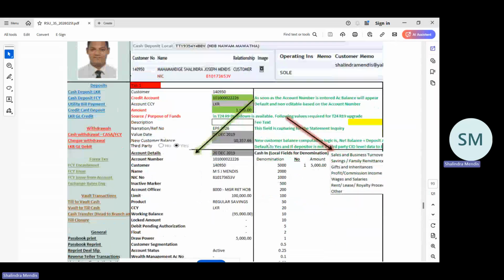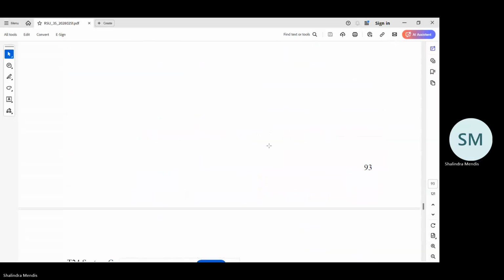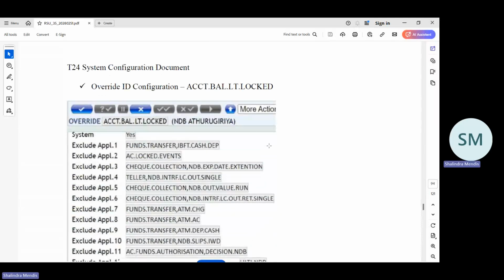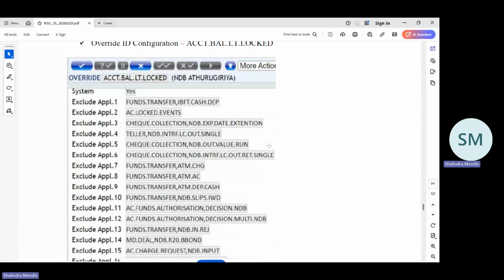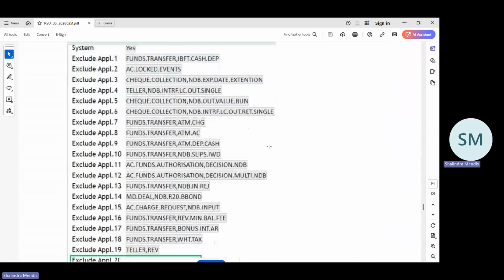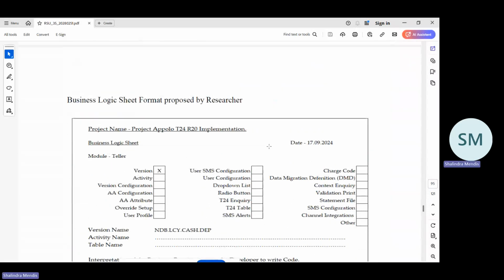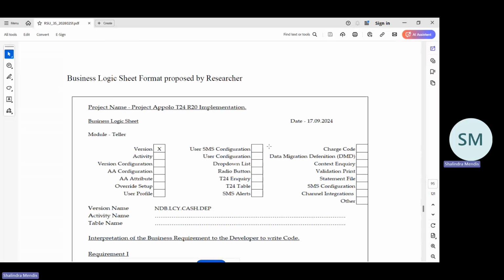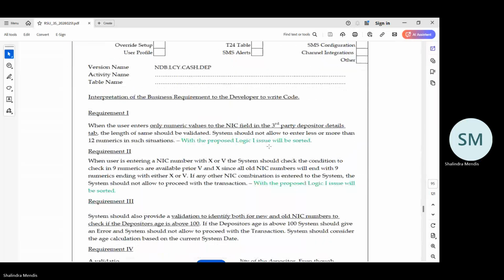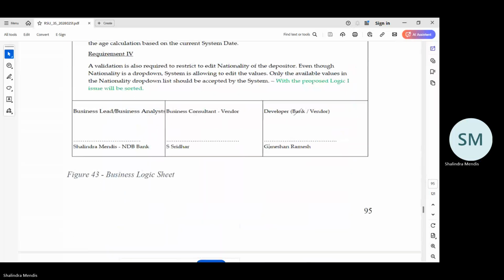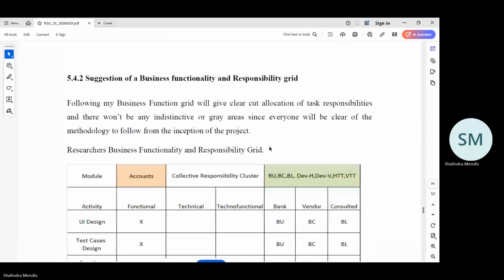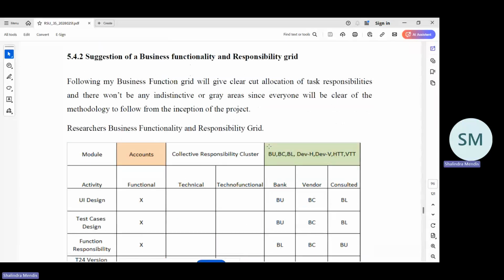UI design. Then the T24 system configuration document. Business logic sheet. Business functionality and responsibility grid.